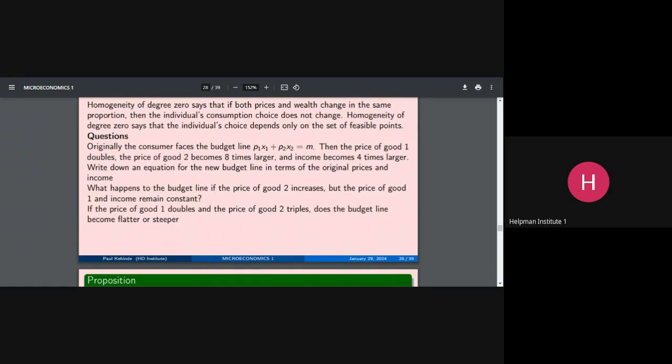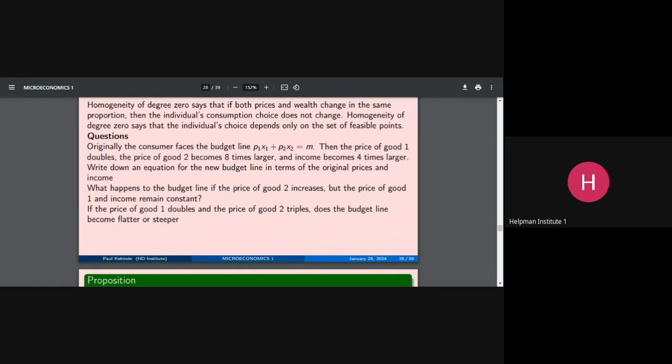So the answer to that is this. You remember, after you've drawn it, when you increase good 2 on the x-axis, the slope will fall and become flattened, going parallel along the x-axis, all right? That will happen. So the answer is that the slope will become flattened, because good one is kept constant.